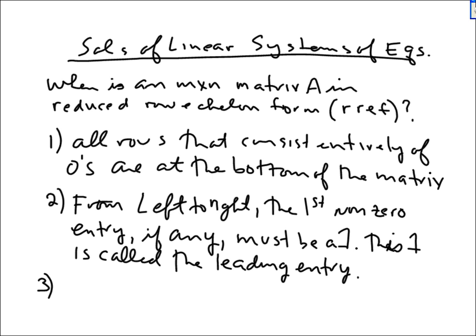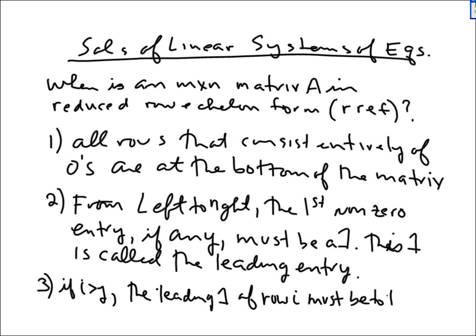Number 3. If i is bigger than j, the leading one of row i must be to the right of the leading one for row j.